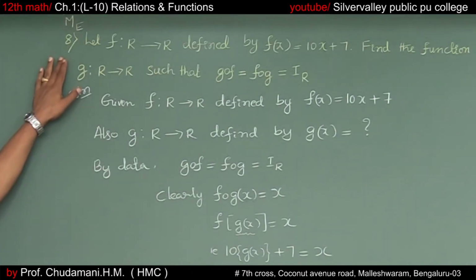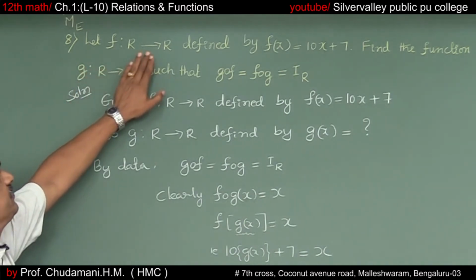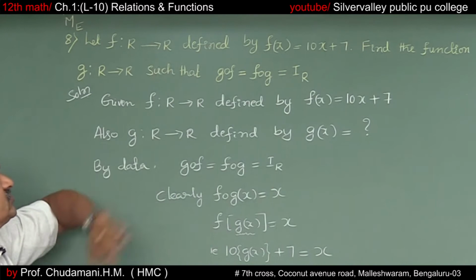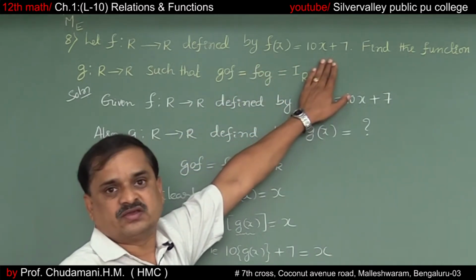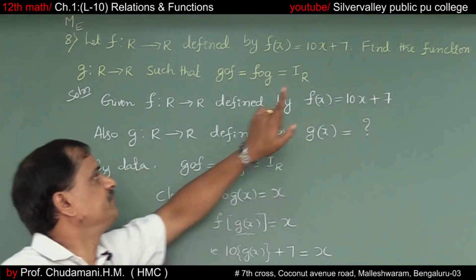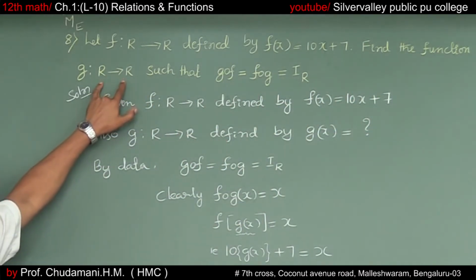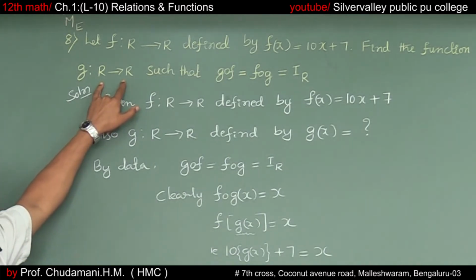8th question, miscellaneous exercise problem. Let f from R to R, real numbers to real numbers, be defined by f of x is equal to 10x plus 7. Find the function g from R to R. g is defined from real numbers to real numbers.